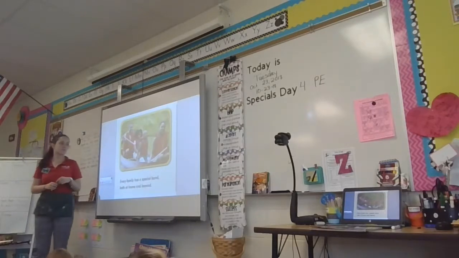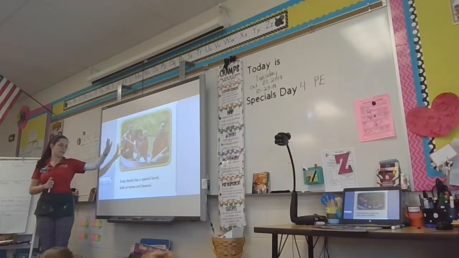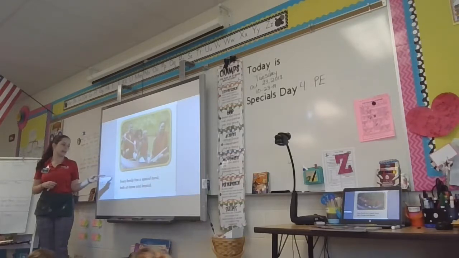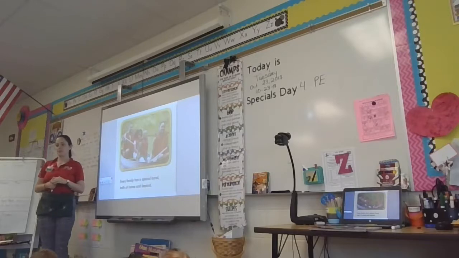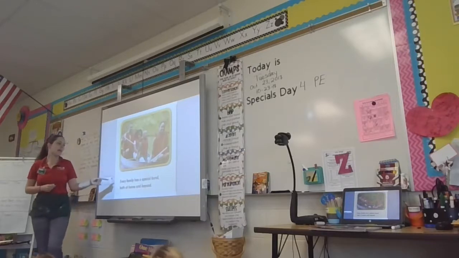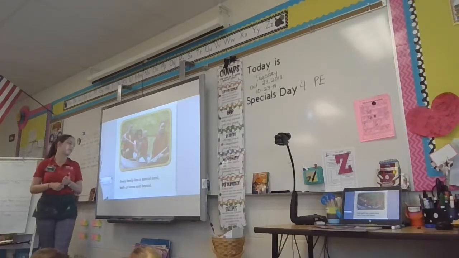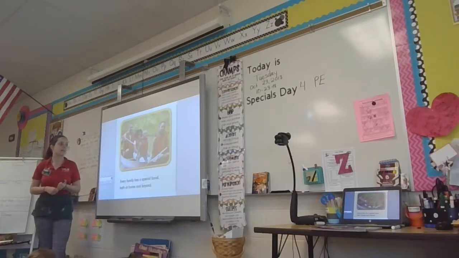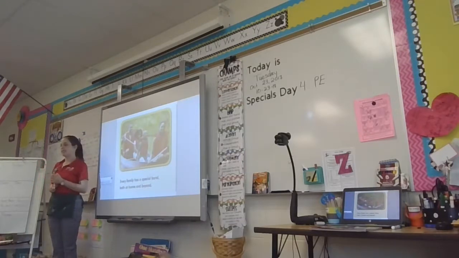Okay. So we are going to read another book, okay? So I'm going to read it out loud, and I want you guys to look for different text features, okay? Are you ready? Every family has a special bond, both at home and beyond. So is there anything on this page that is a text feature?